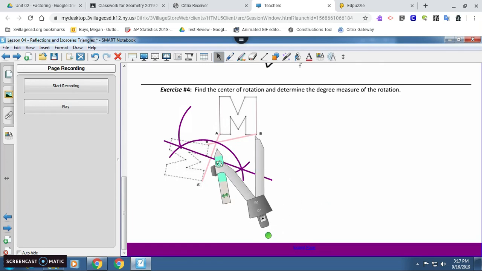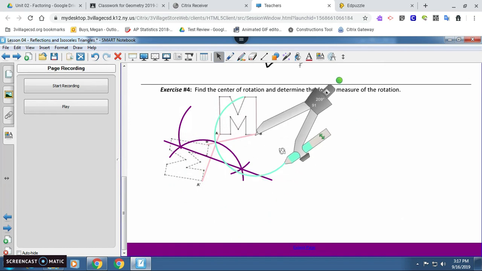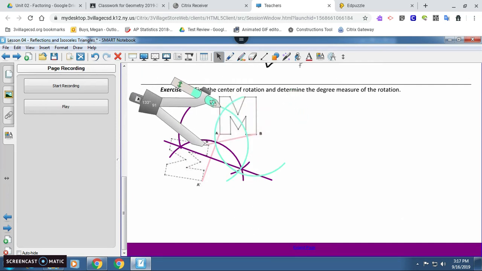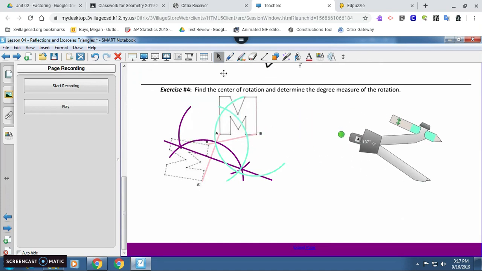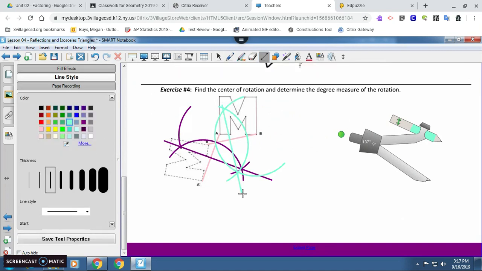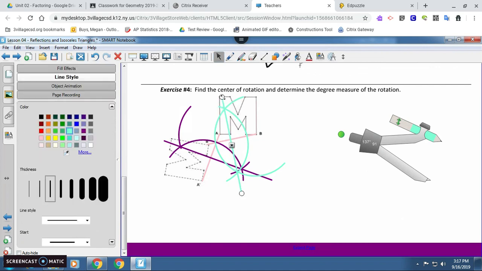Remember, I'm going more than halfway from B to B prime, and I'm doing the same on the other side. So we get the arcs above and below. Then I'm going to draw the line that connects those. And I'm going to straighten this out a tad.